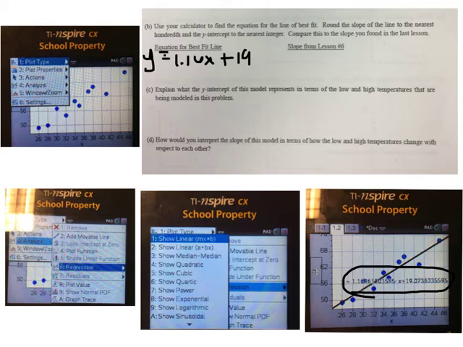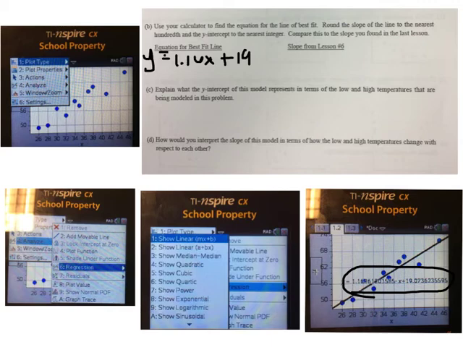Just explain what the y-intercept in this model represents in terms of the low and high temperatures that are being modeled in this problem. So the y-intercept is at the beginning. If we go back to the first page and it says my low temperatures to my high temperatures, it says that if my low temperature is 0, my high temperature would be 19 according to this graph.